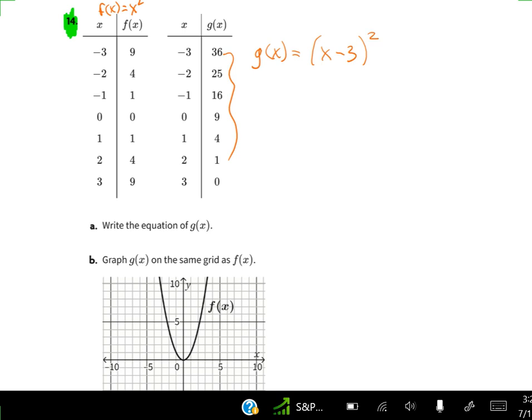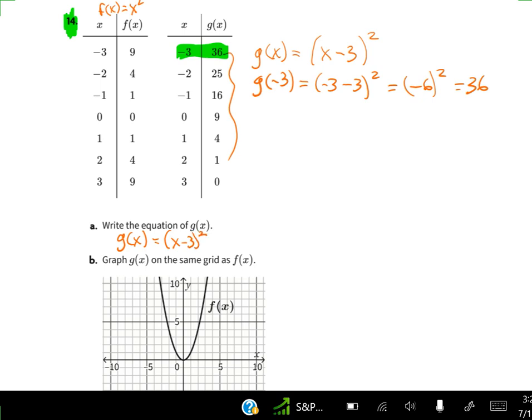All right, just to show you how this works, if I were to take the first coordinate here, -3, 36, and I were to plug it in to this equation, g of -3, we get -3 minus 3 squared, which is -6 squared, which is the 36. And I'm not going to do it, but you could see that each one of these values would work out for this equation. So the function g of x is x minus 3 squared.